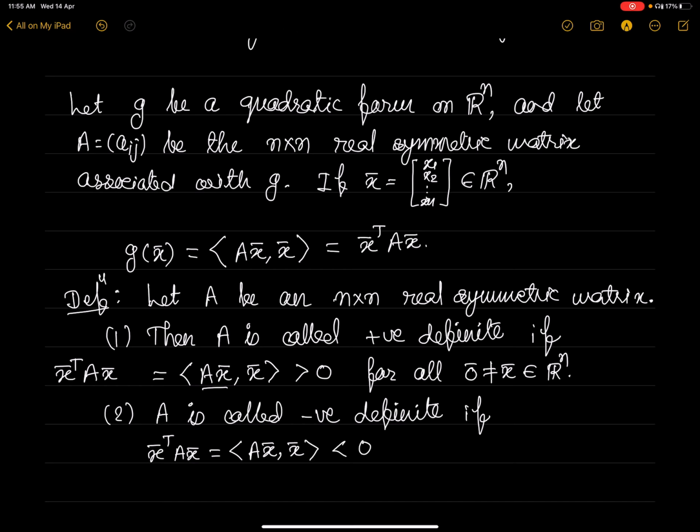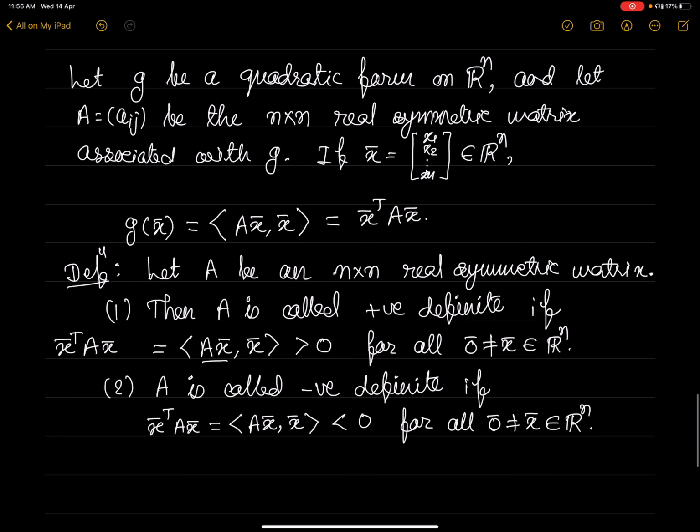Here again, we are using the usual inner product of Rn. It is less than 0 for all non-zero x bar in Rn.